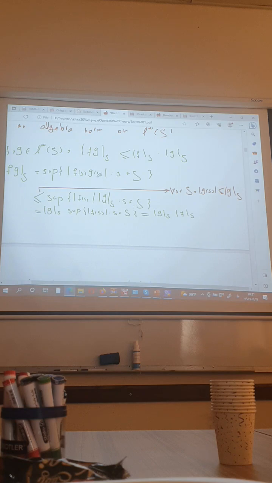So instead of |g(s)|, we put the norm of g, which is greater, okay?